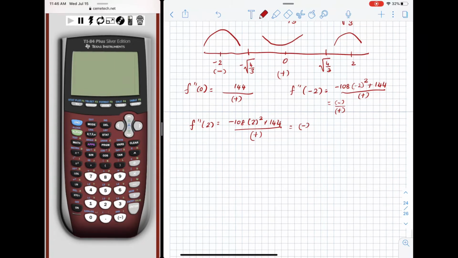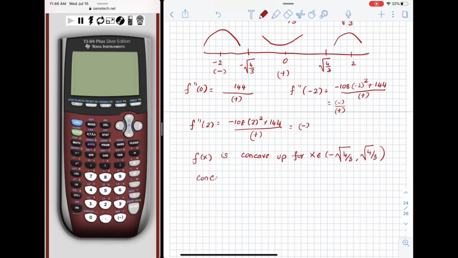So our conclusion is f of x is concave up for x in negative square root of 4 over 3 to square root of 4 over 3.